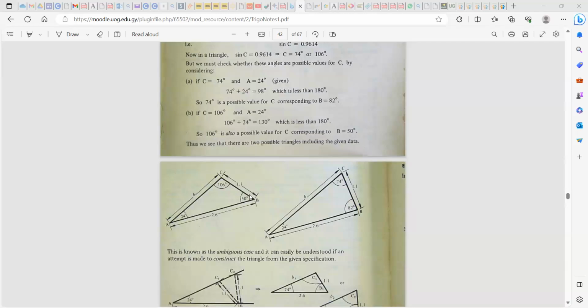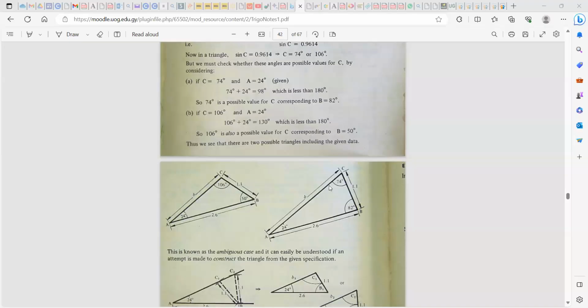And when you check it out, this is what happens, right? You can have a triangle where this angle is 24, this side is 2.6, right? And that angle is 106 or 74.